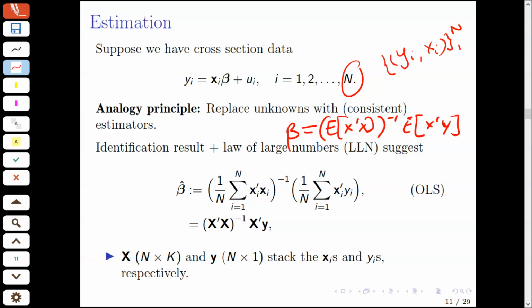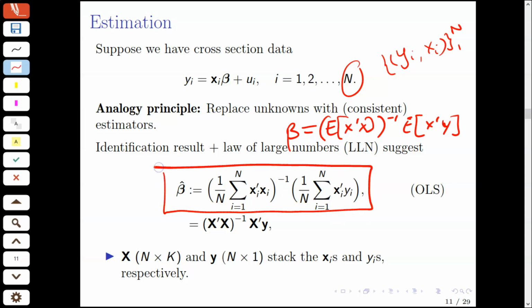That seems like a good idea from invoking the law of large numbers and the fact that we're assuming access to IID data. So we can directly go from our identification result and replace expectations with averages in order to arrive at the following. Beta hat is an estimator of beta, which arises immediately from our identification result when combined with the analogy principle.